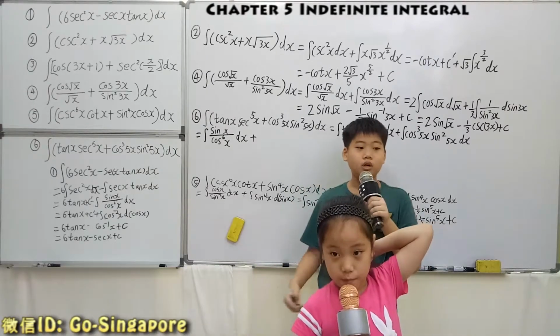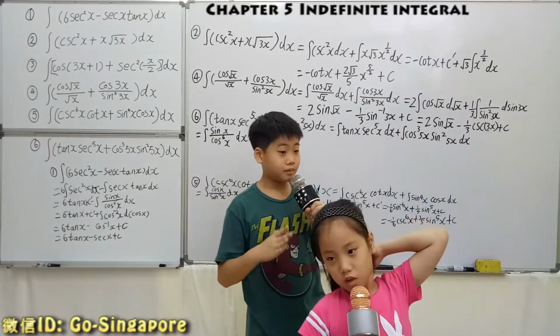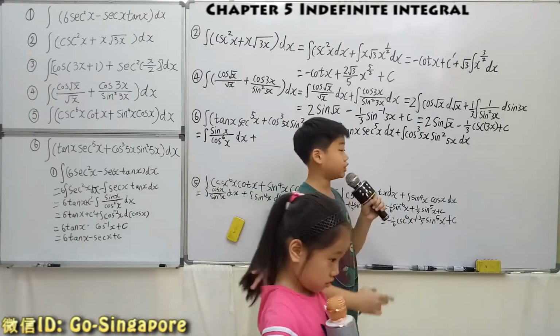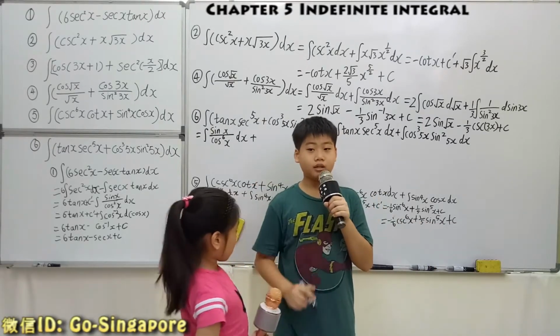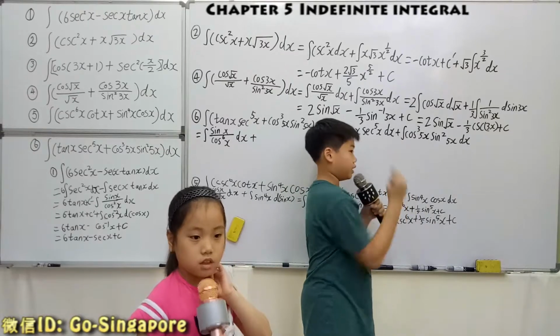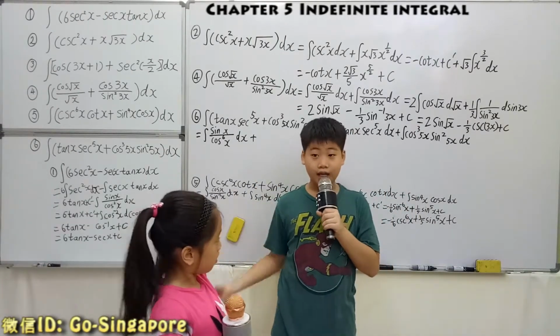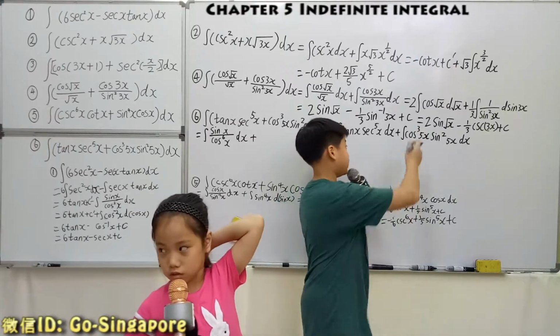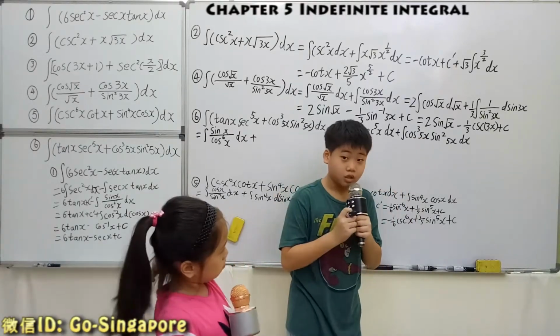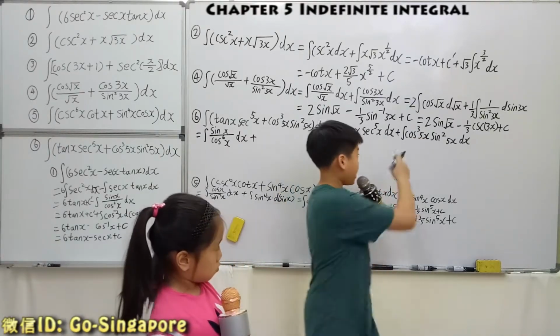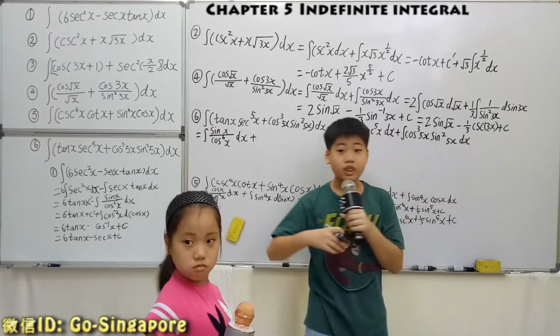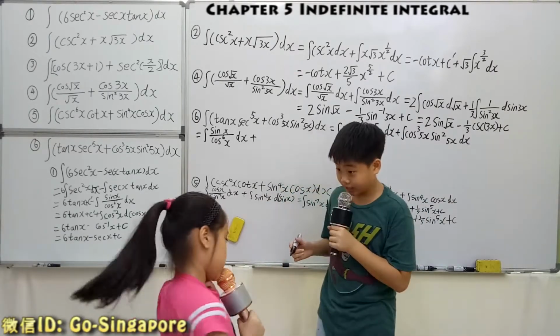I mean cosine. Okay, so let me tell you what will happen if you change the sine. If you change the sine, there will be no more to change, which makes solving very hard. If you change the cosine, you can leave one more cosine, so that you can change here into the sine.